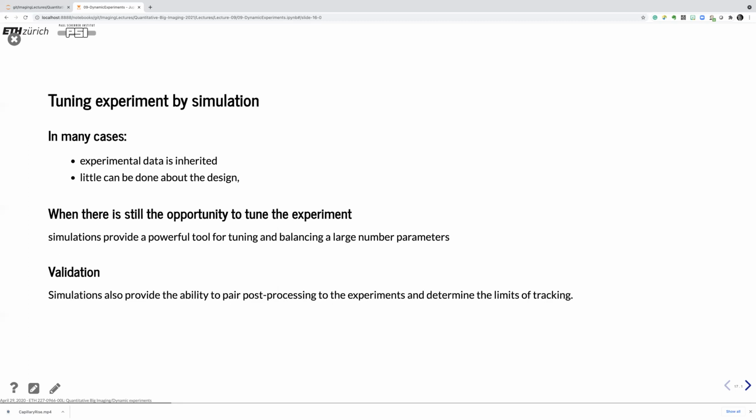But you can at least use simulation to check a little more around boundary conditions. You can also use simulations for validation of your analysis, and to determine how many points you need to measure. So there are a lot of things you can work with using simulations in advance.